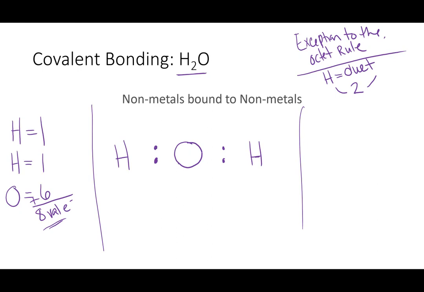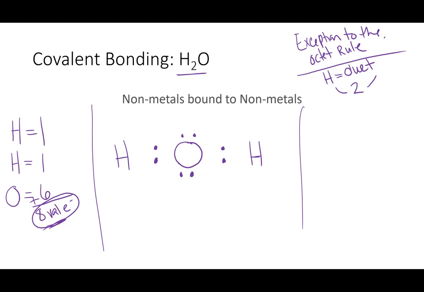This oxygen, however, is not finished. He doesn't have 8. So I've distributed 1, 2, 3, 4 electrons, and I have 4 more to find a home for. So I'm going to put 5, 6, 7, and 8.